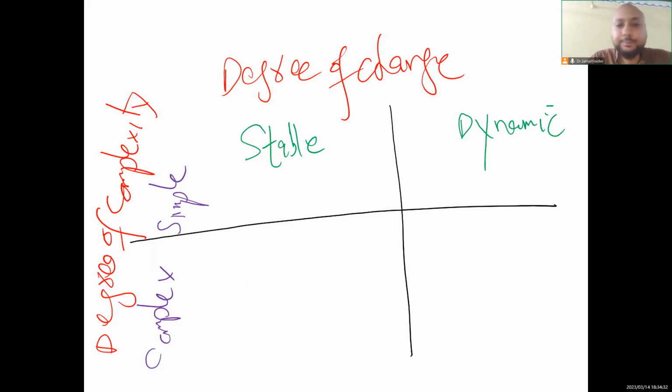So if your organization is here, it means the complexity is simple. There are not so many components affecting the manager's decisions which are outside the control of the manager, and those factors even do not change frequently.